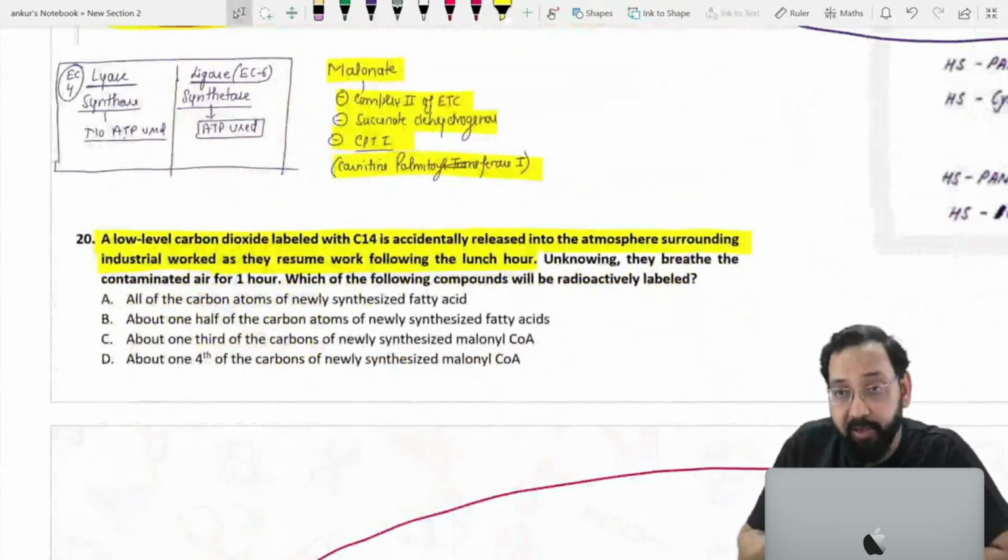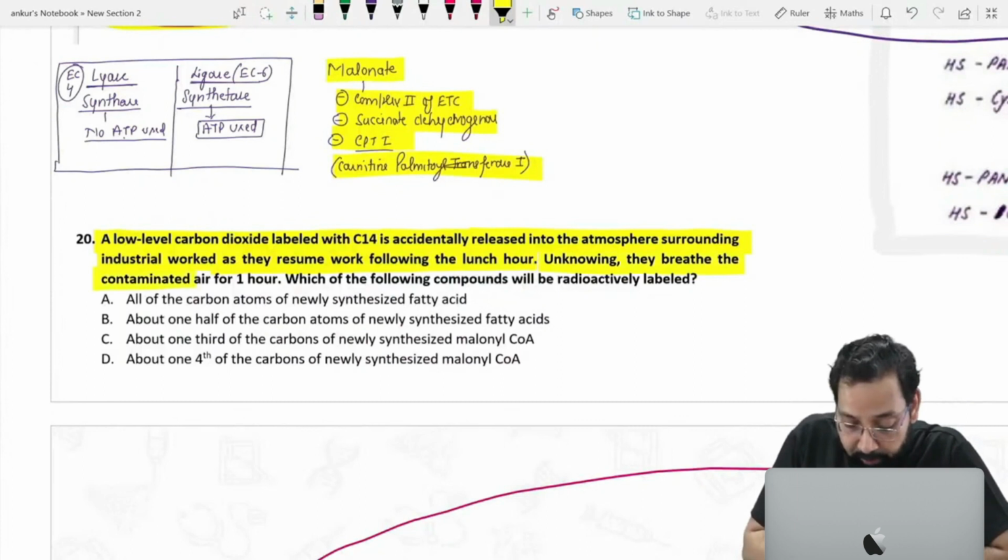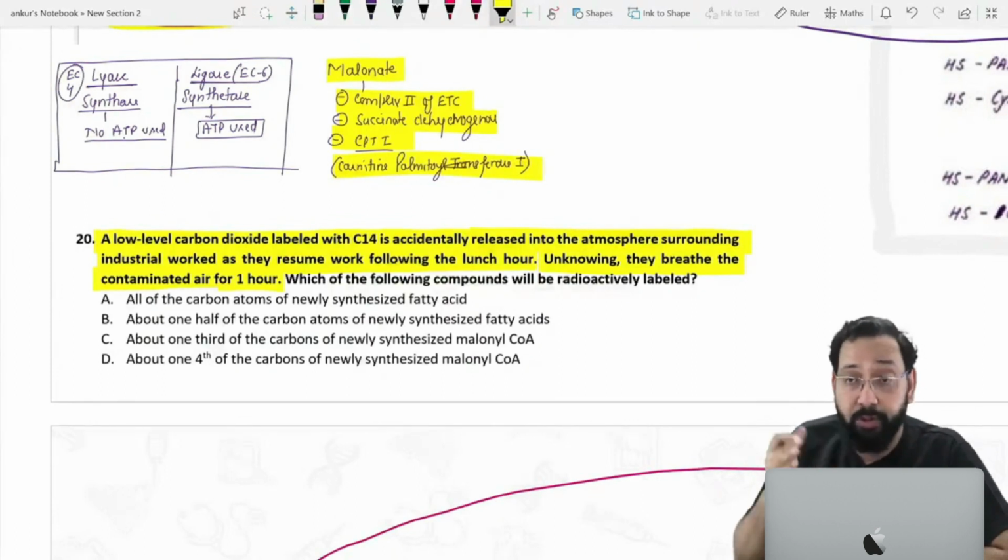It means after the lunch hour fatty acid synthesis will occur in these persons, and C14 is accidentally released in the atmosphere. Unknowingly they breathe the contaminated air for 1 hour. Radioactive CO2 is also there.